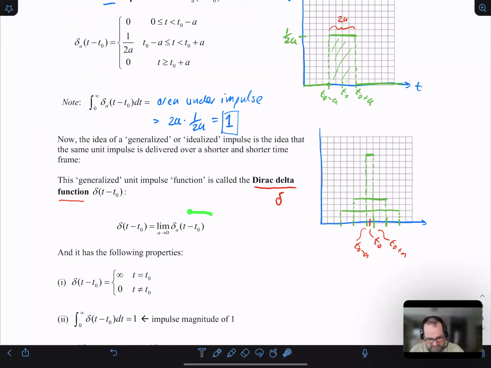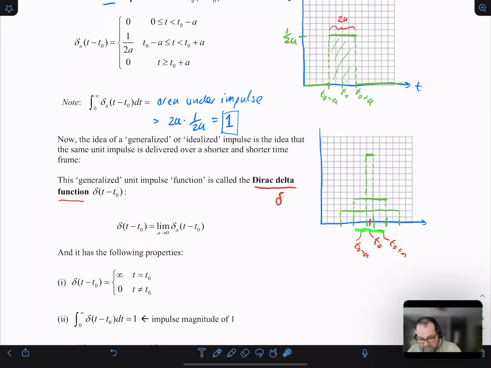The Dirac delta function, which is just delta, not delta sub a, is the limit as a goes to 0 of the unit impulse function. This is what the picture illustrates. If we start with an interval 2a wide, it is 1 over 2a tall.